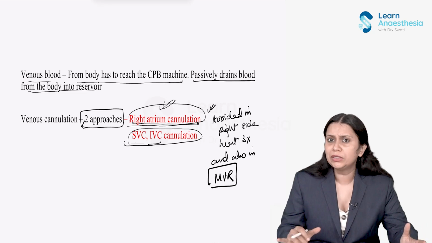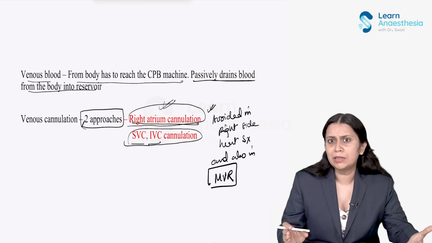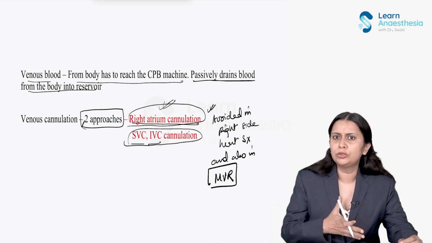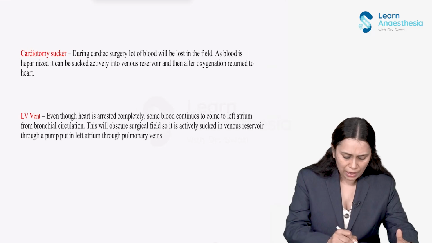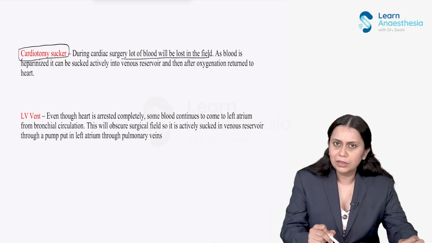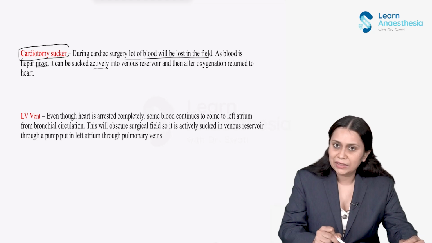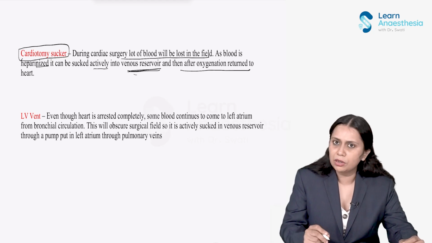That blood is heparinized, potassium rich blood, which can be returned to the reservoir and again be oxygenated and returned to the body. So there is the cardiotomy sucker. The cardiotomy sucker prevents the loss of blood in the surgical field. These bloods are heparinized. They are sucked actively into the venous reservoir and after oxygenation return to the body.